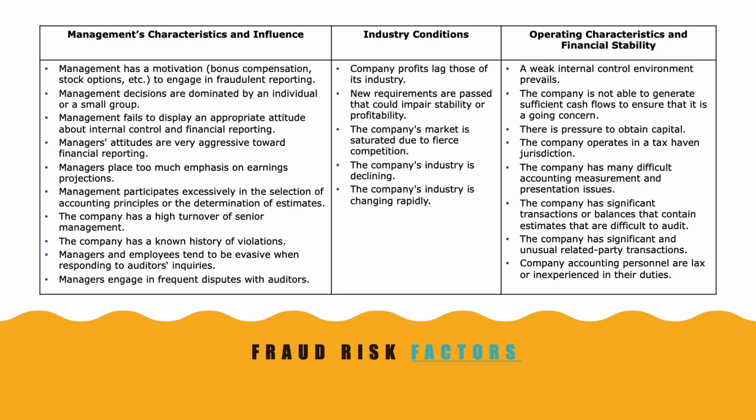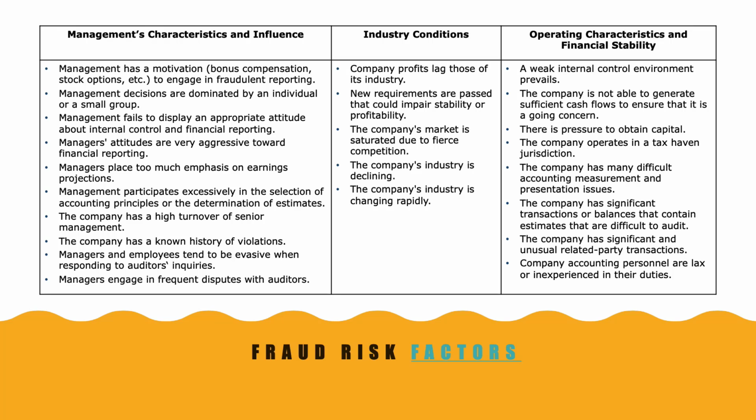If management discourages open communication or is secretive about financial matters, employees may hesitate to report fraud, allowing it to persist. Excessive financial incentives that prioritize short-term financial targets over long-term sustainability may encourage management to engage in fraudulent reporting to meet these goals.